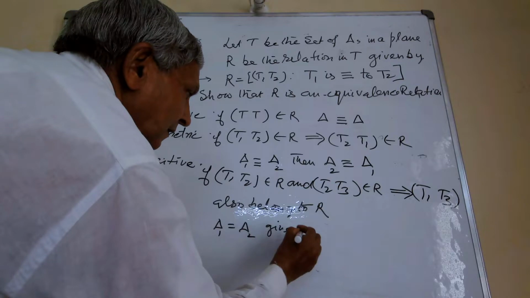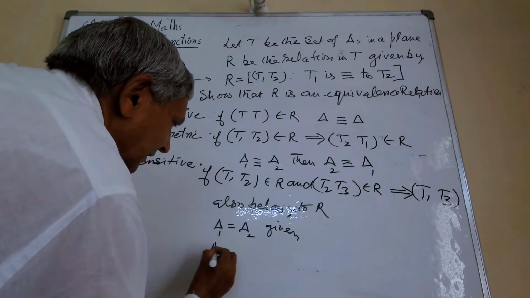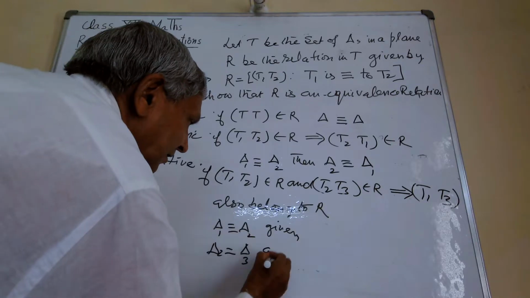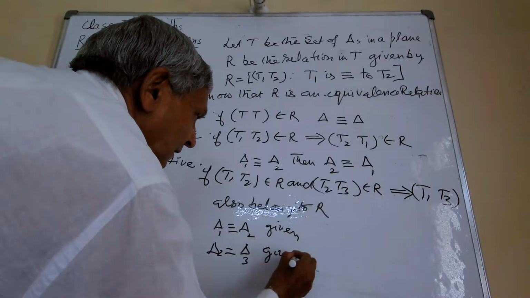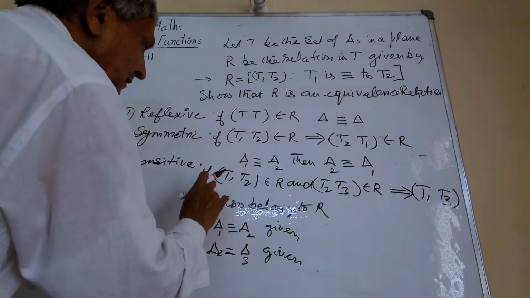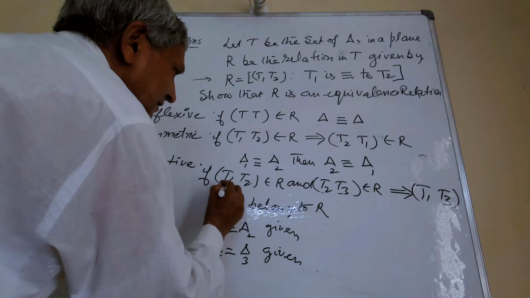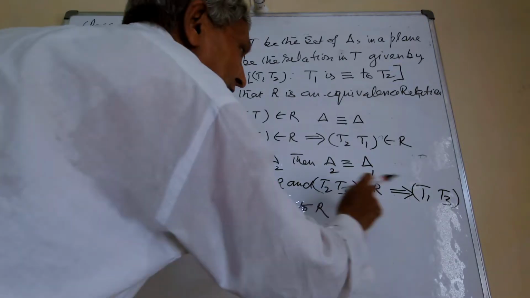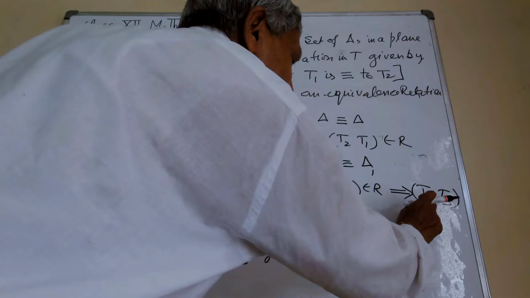Second triangle is congruent to third triangle, given. Because in transitive relation, two conditions are given. This is given, this is given. We have to check in that relation, this should also be there.